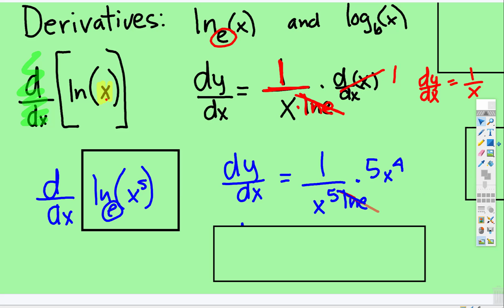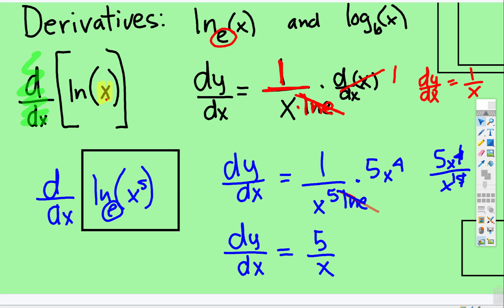And then notice what happens. Well, 5x to the 4th times 1, so 5x to the 4th over x to the 5th. X to the 4th and x to the 5th, rules of exponents, that would cancel to 1. So this simplifies to the derivative of the natural log of x to the 5th is simply 5 over x.